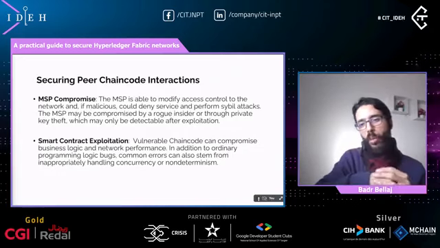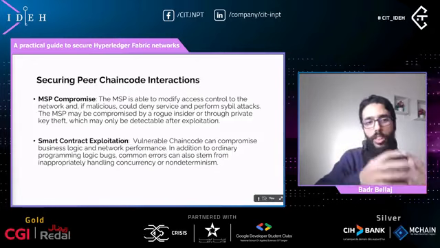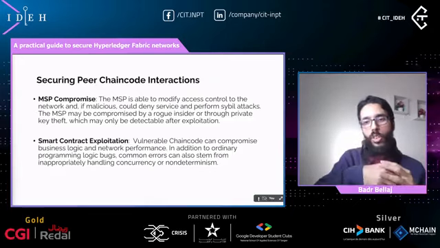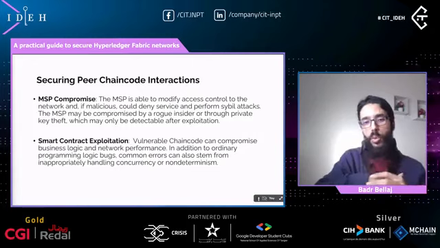Other attacks, in the case of Hyperledger Fabric, will target specific components like the membership service provider. As I've said before, the MSP is responsible for managing the identities within the network. To mitigate this risk, we can put in place some best practices related to managing cryptographic credentials, and we can, for instance, use HSMs, which stand for hardware security modules.